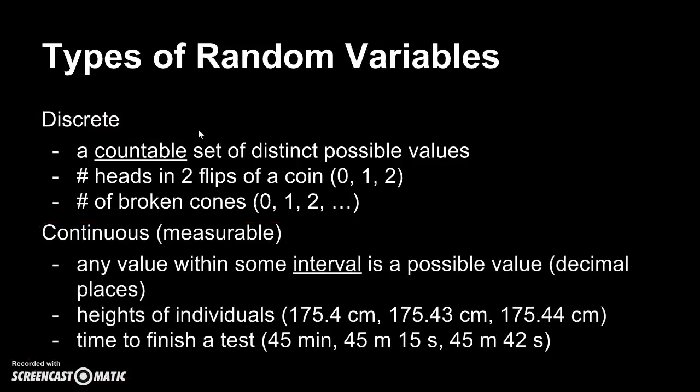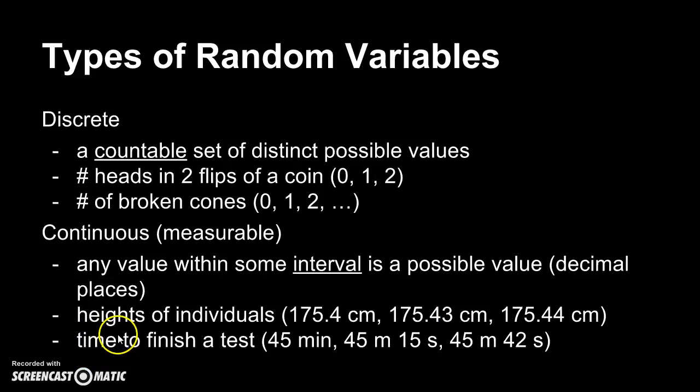The next type of random variable is called continuous, and it is something that can be measured. If it requires you to use some kind of measuring tool, then that random variable is a continuous random variable. For example, the height of a person. Normally we round it to 1 decimal place, but if your ruler is very accurate, it can give you 2 decimal places or even more.